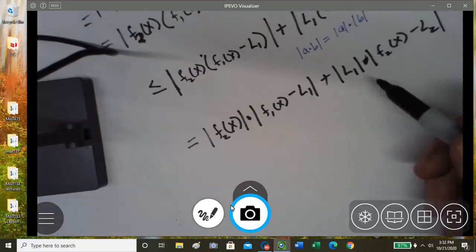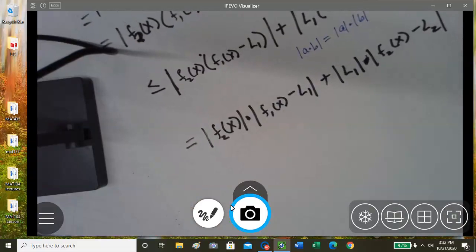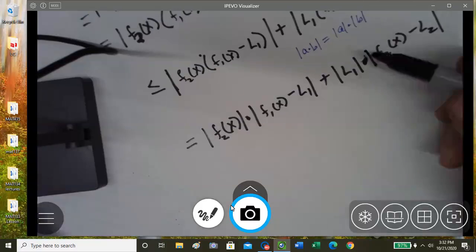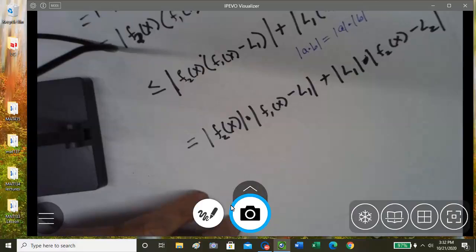Okay, so from here, now we want to look at the relation with epsilon. So we're going to split this.